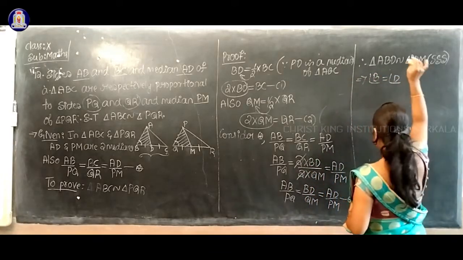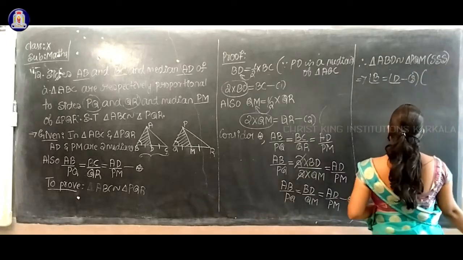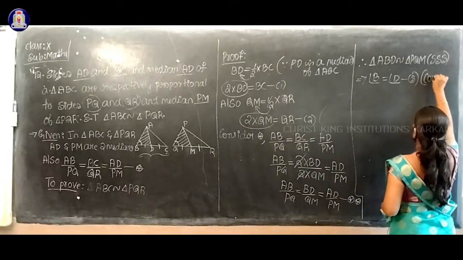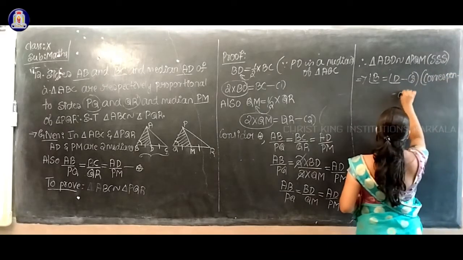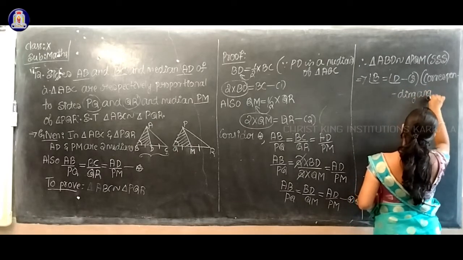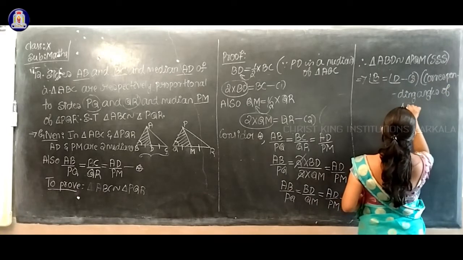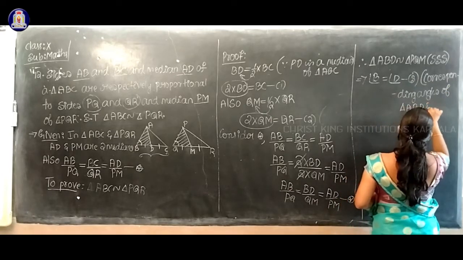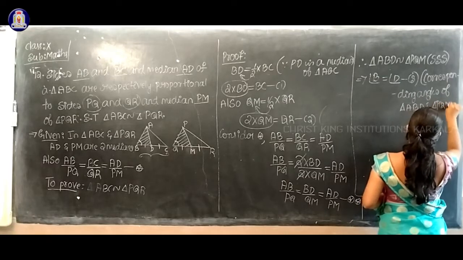So I will consider it as equation number 3. What is the reason? These are corresponding angles of triangle ABD and triangle PQM.